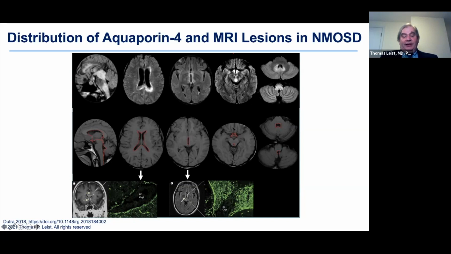They are all in the areas where the aquaporin 4 is heavily expressed. For example, you see it over here in this area that is close to the cerebellum.